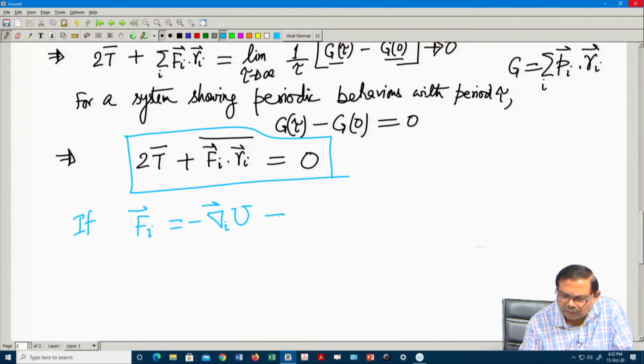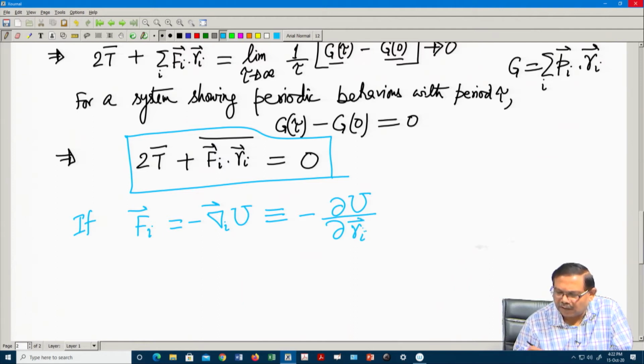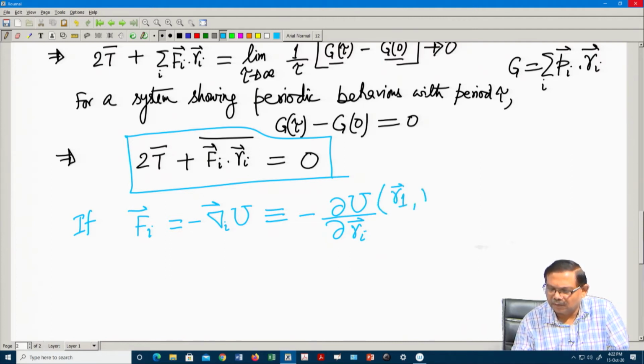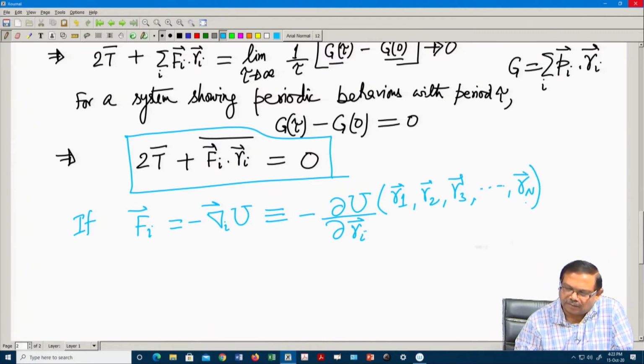So, I have to put some i here. So, this will mean actually the derivative of the potential with respect to the position vector of the ith particle, and this is in general a function of r_1, r_2, r_3 and so on, of all the n particles.